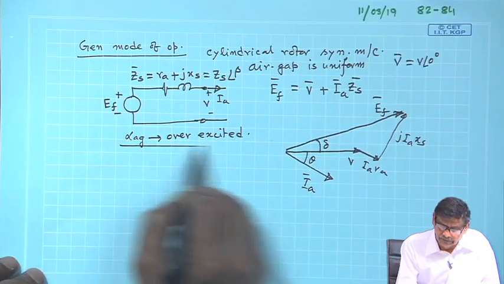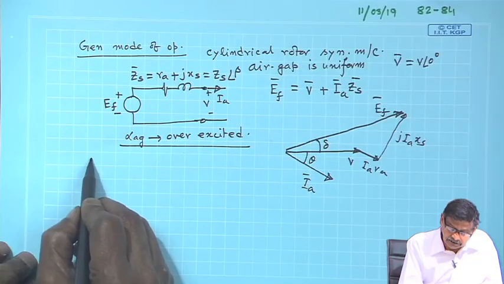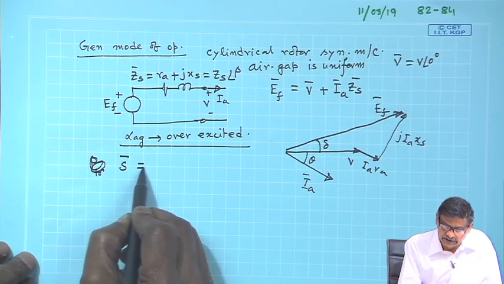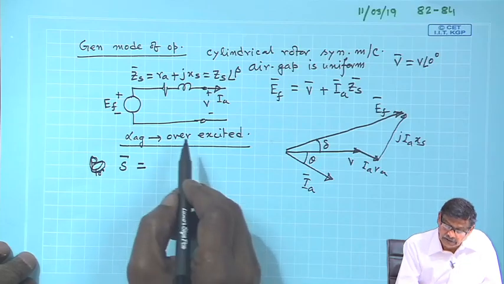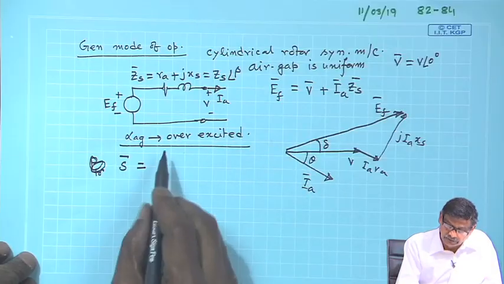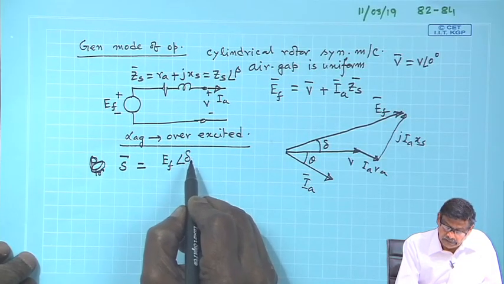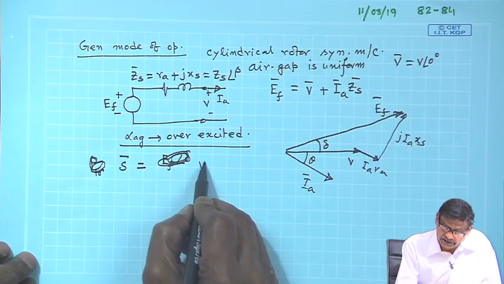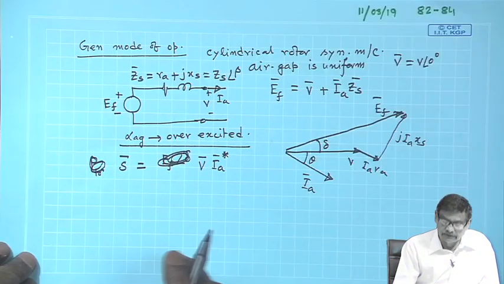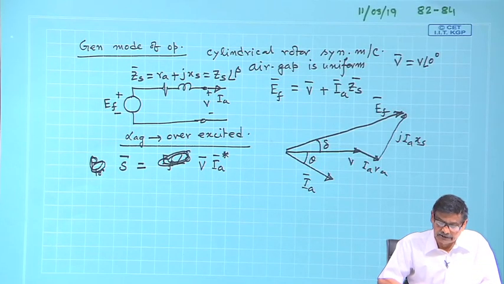Then I told you how to find the expression of power and torque. The total power delivered by the machine should be calculated like this: S is equal to V into I A star, the usual approach, so that we get the expression of real and reactive power simultaneously.